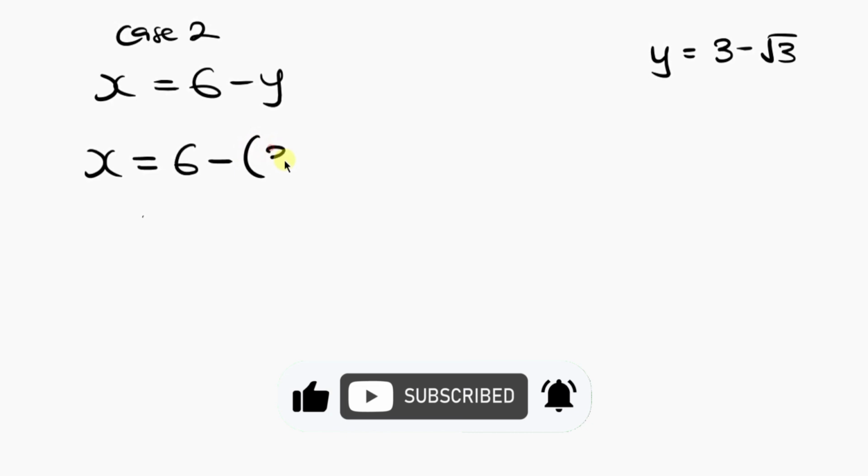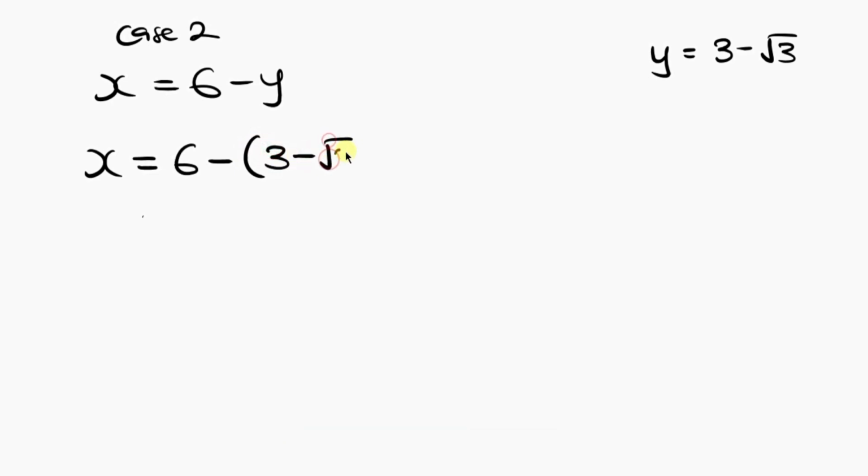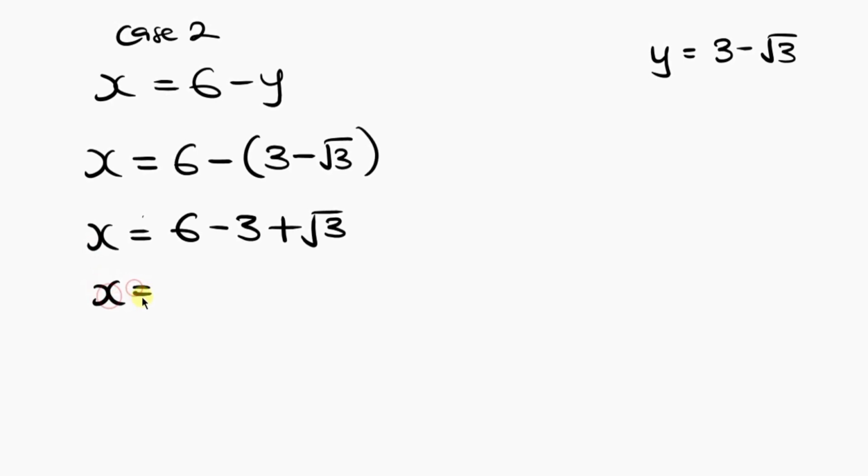So this is 3 minus root 3. Very good. So x is equal to 6. Use this negative to open up the bracket. You have minus 3. Now, minus times minus gives you what? Plus root 3. Now, x is going to be 6 minus 3, which is 3, plus root 3. And there you have it.